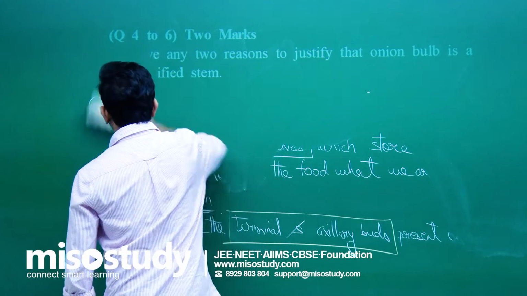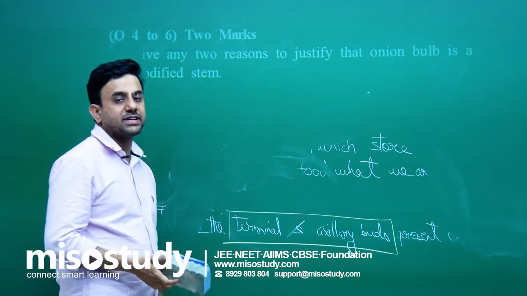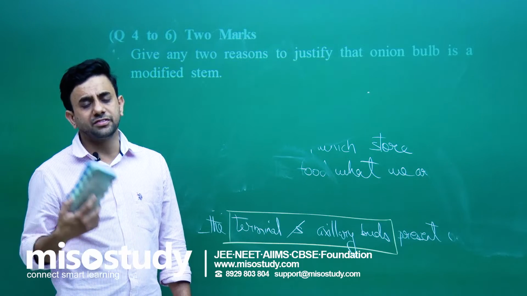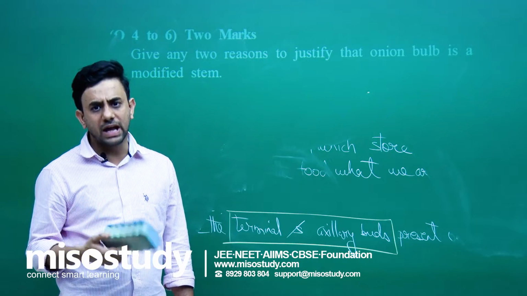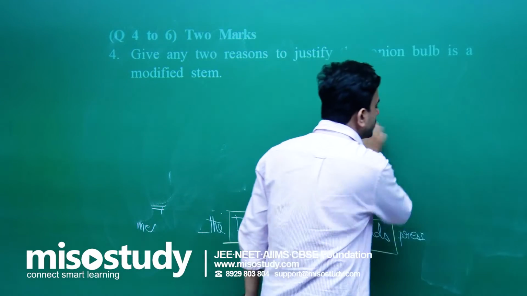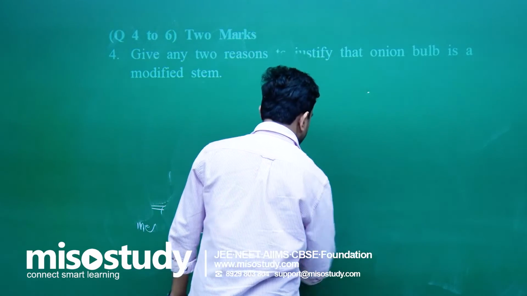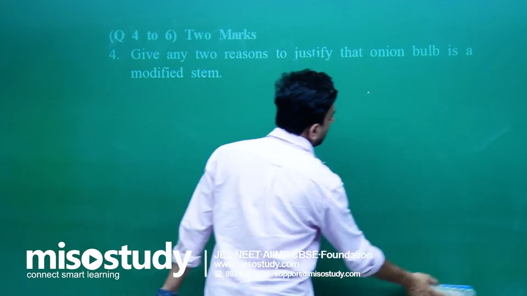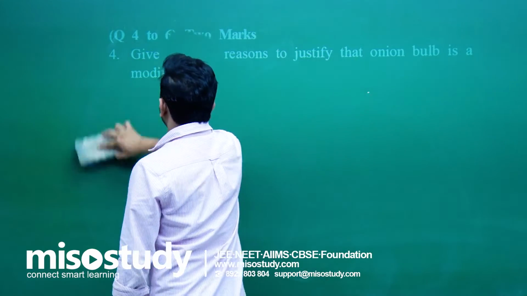Why? Because the stem has leaves, and that's why we said the stem has scaly and fleshy leaves over here. The leaves are fleshy and scaly and have food, and that is the food we eat. You should be happy while you are studying.